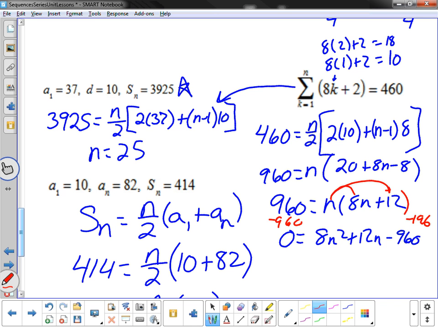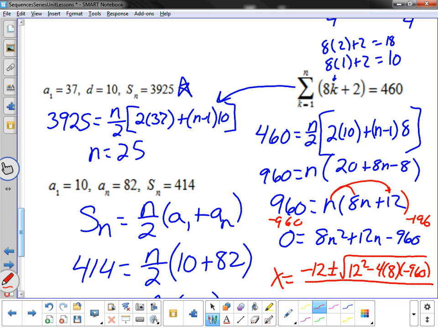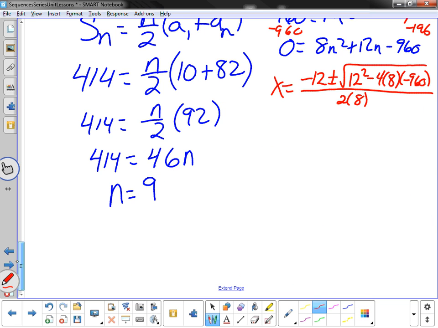I could factor it, or I could just plug it into the quadratic formula, and the quadratic formula says opposite of the b, so a negative 12 plus or minus square root of 12 squared minus 4 times 8 times negative 960, all divided by 2 times 8, and I would just work that through all the way to the end.